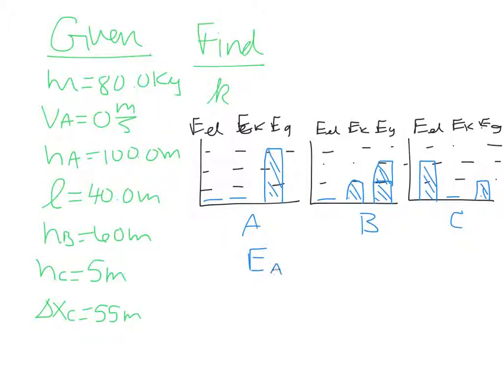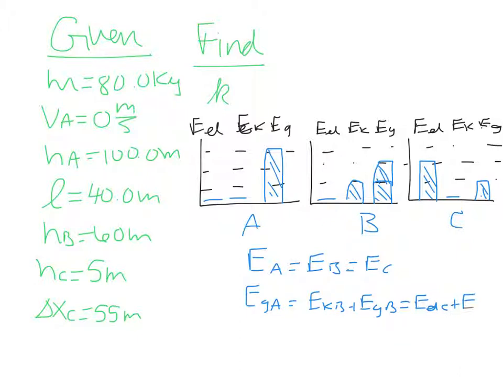So my energy at A equals my energy at B, which equals my energy at C. There's no work being done here. EGA equals EKB plus EGB equals EELC plus EGC.